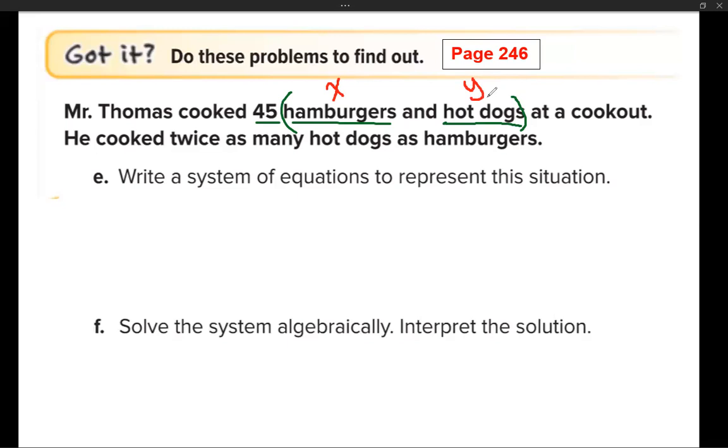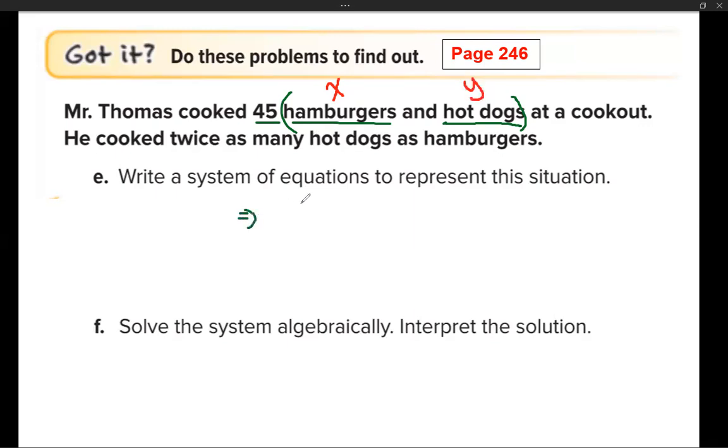Okay, so we have now 45 hamburgers and hot dogs. Okay, this is the total number of them. But the individual numbers, we do not know how many hamburgers there are, and we do not know how many hot dogs there are. But we know that together, if we add the number of hot dogs to the number of hamburgers, it will give us 45. Okay, we can represent this as an equation.